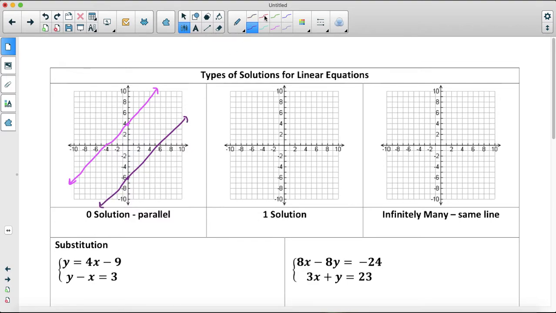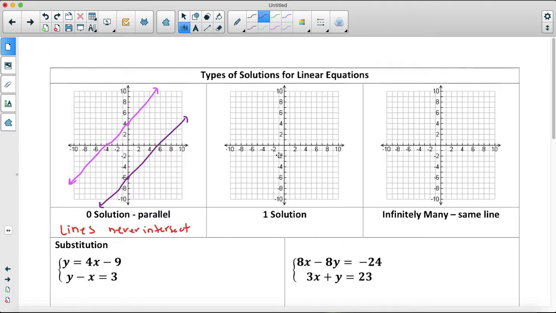If these lines never cross, then they have no solution, because the lines will never intersect. This happens when the lines are parallel, meaning that they have the same slope but different y-intercept.